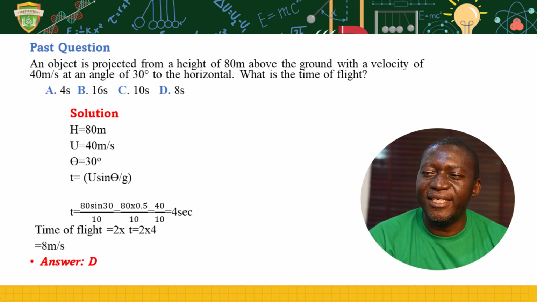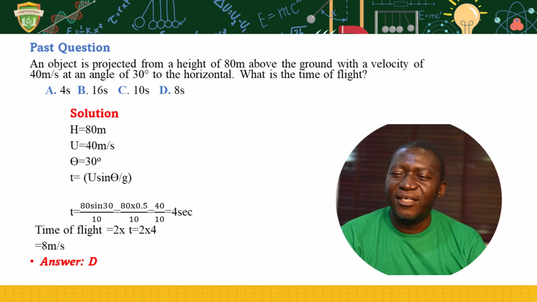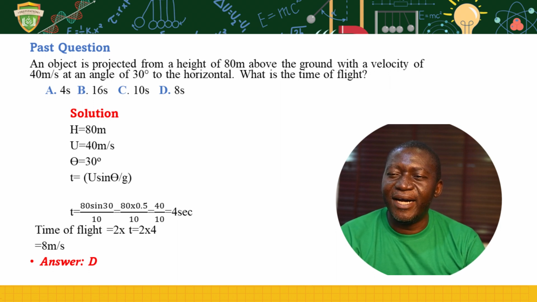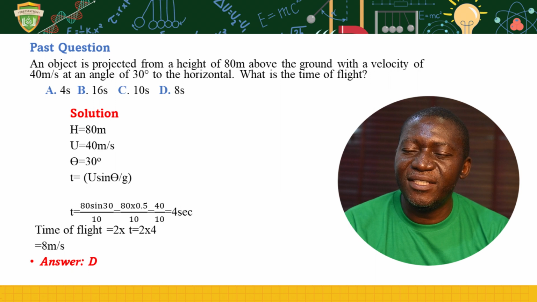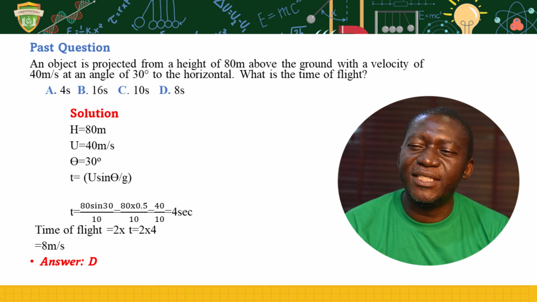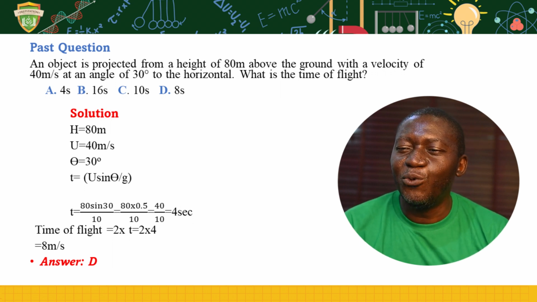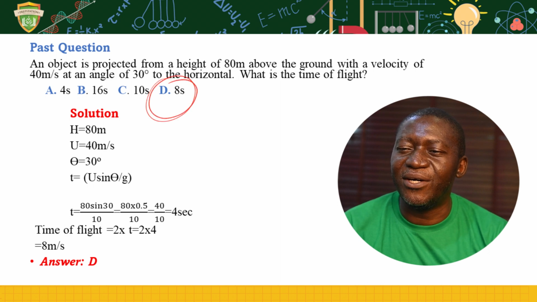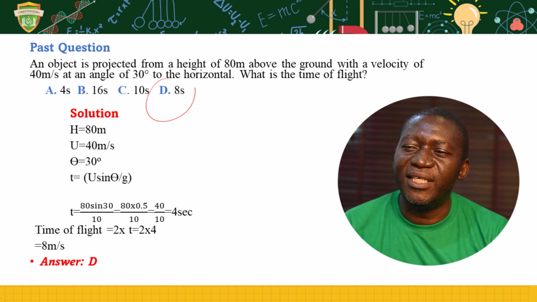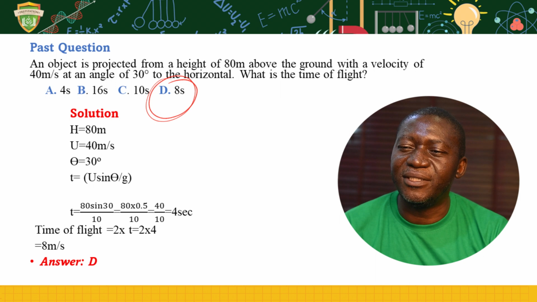So if we plug that in, we are going to have 80 multiplied by sine 30 divided by 10. So 80 times 0.5, that is 40. So we have 40 divided by 10, which is 4 seconds. But since it's time of flight, we are going to multiply by 2, which will give us 8 seconds. So the correct option here is 8 seconds, which is D.